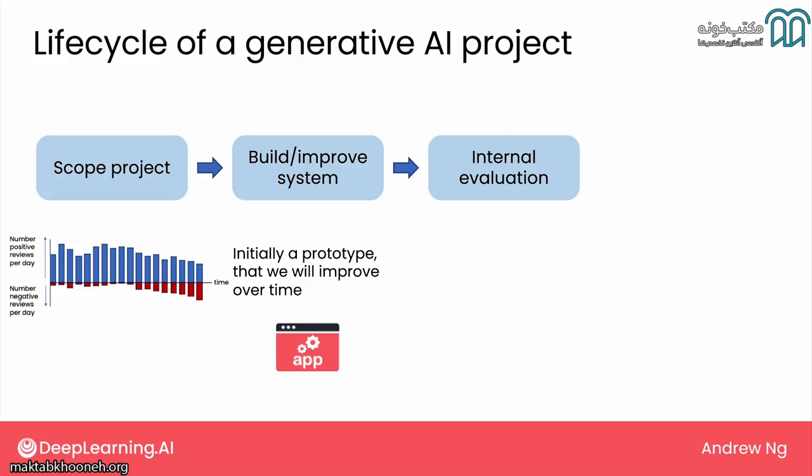After a sufficient internal evaluation to give you confidence that the system's working well enough, then we would deploy it out in the wild and continue to monitor its performance. And it would not surprise me if you deploy something and initially external users also generate input that causes your system to make some mistakes.